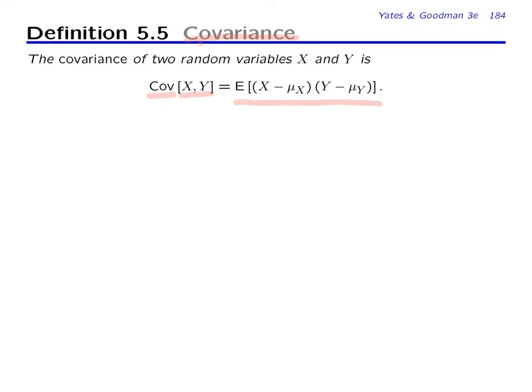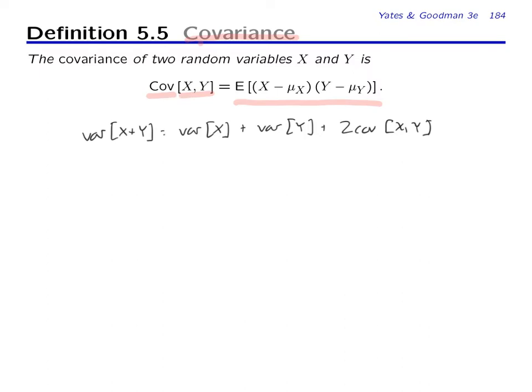So the thing to remember here is that the variance of the sum x plus y is equal to the variance of x plus the variance of y plus 2 times this covariance of x and y.